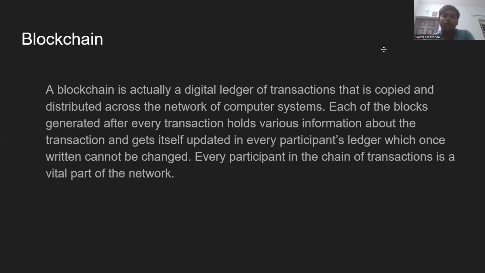A blockchain is a digital ledger where every node contains its own information, which is provided by individual users that take part in it. That's why each of the blocks generated after every transaction holds various information about the transaction and gets updated in every participant's ledger, which once written cannot be changed. And that's why this is an open, decentralized system.